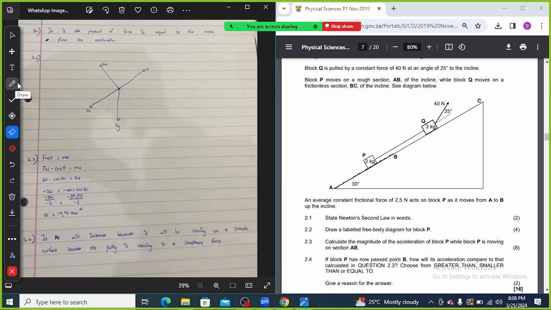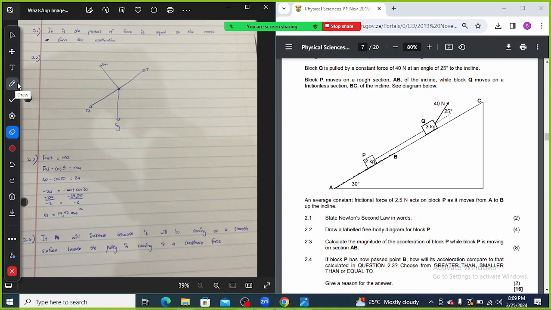As I said, when an object is moving on a rough surface, there is a presence of a frictional force. Now they just told us the magnitude of the frictional force. By definition, we know that the frictional force always opposes the motion of an object. So if the object is moving upwards, the frictional force must be facing downwards.